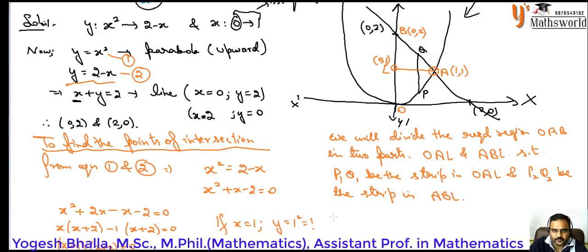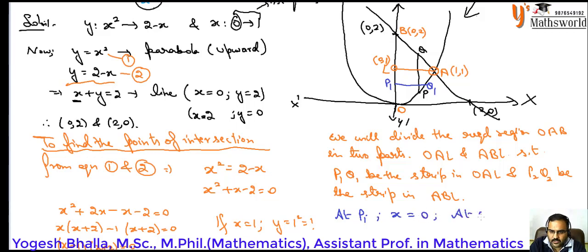Okay, now we have to consider the values over there. So let this be P1 and Q1. At P1, what is the value of x? Because P1 lies on the y-axis, the value of x will be 0.